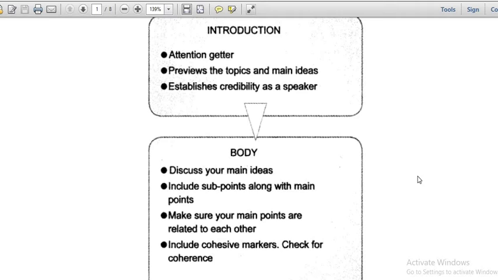The topic and the main ideas have to be systematically arranged. All these things are to be done in the introductory part. It establishes credibility as a speaker. You will be highlighting the topic on which you are delivering the speech, or on which you are writing the speech in the exam.